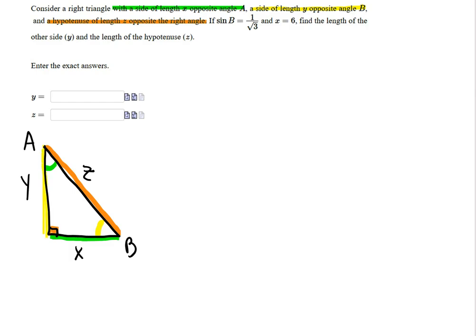Okay, so I don't know why this is not highlighting very well. Now they tell me the sine of B, going with blue, is 1 over the square root of 3.